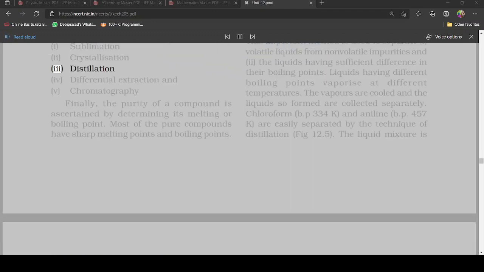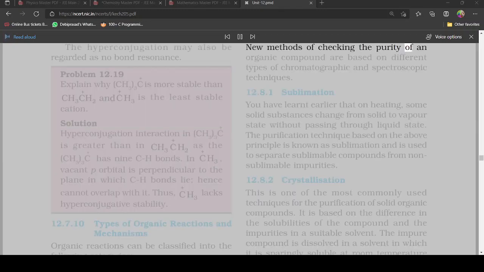Crystallization, 3. Distillation, 4. Differential extraction, and 5. Chromatography. Finally, the purity of a compound is ascertained by determining its melting or boiling point. Most of the pure compounds have sharp melting points and boiling points. New methods of checking the purity of an organic compound are based on different types of chromatographic and spectroscopic techniques.